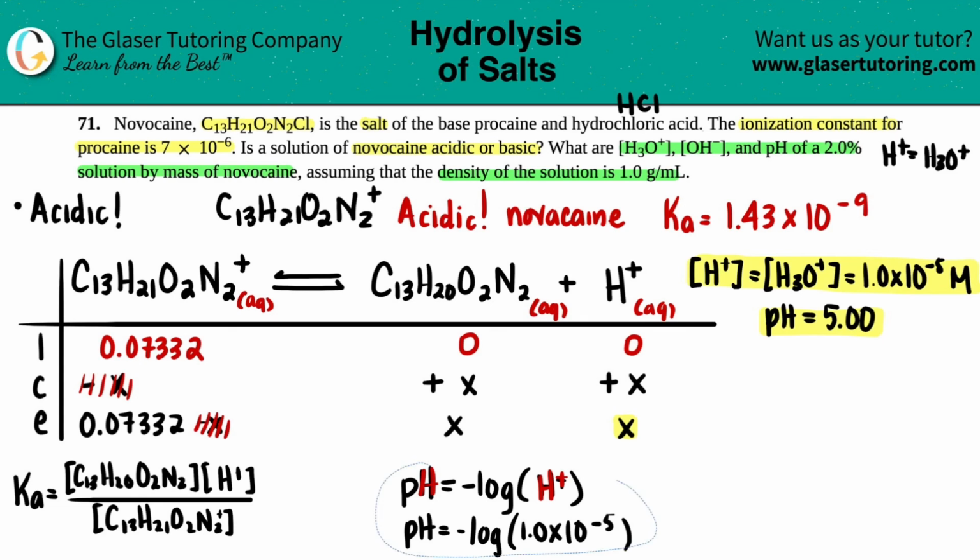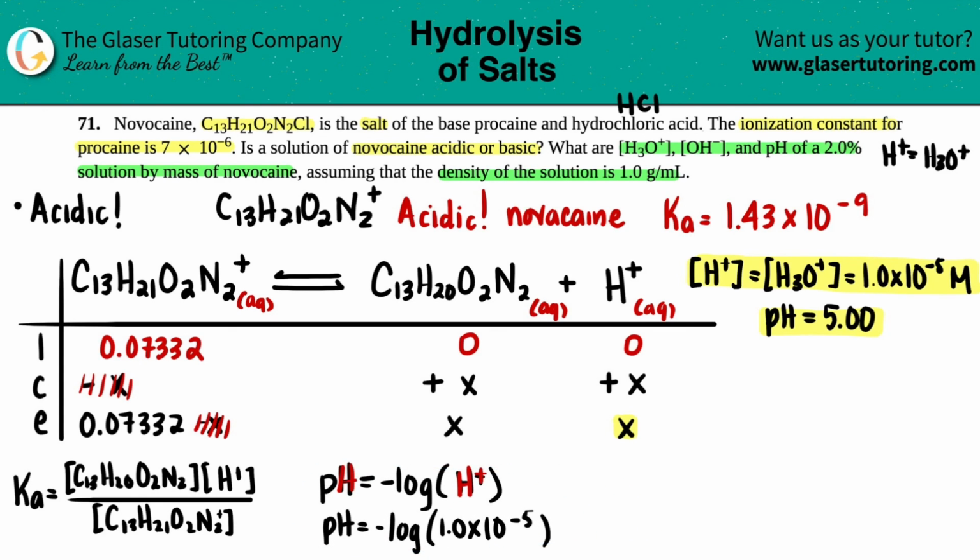And now, for the last thing, we have to figure out what the OH minus concentration is. But just remember, Kw equals the concentration of H plus times the concentration of OH minus, right? So it's H plus. Maybe I'll do these like little brackets here just to show that it's multiplication.